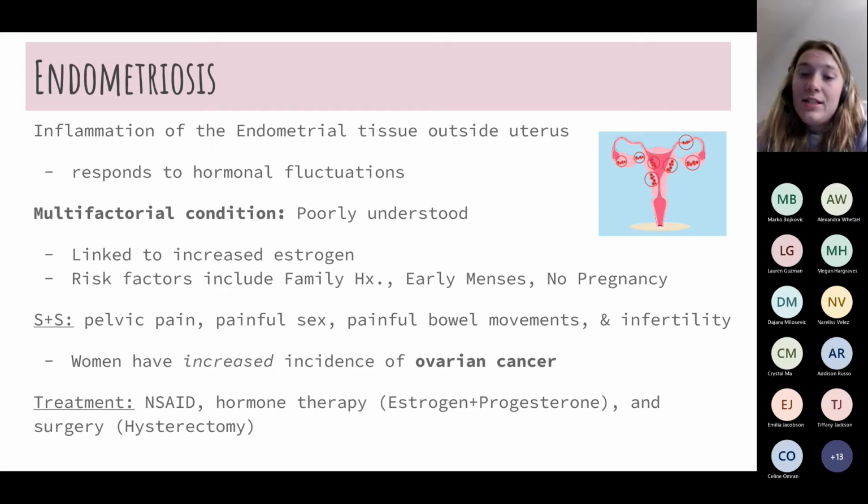Unfortunately, with endometriosis, these patients do have an increased risk for ovarian cancer. Unfortunately, not too much treatment for endometriosis. Since this is an inflammatory disorder, we're going to treat it with anti-inflammatories. We can also help with some hormone therapy to keep our hormone fluctuations at bay. And ultimately, if none of these work and it's really causing the patient a lot of pain, a lot of issues, probably going to have a hysterectomy.